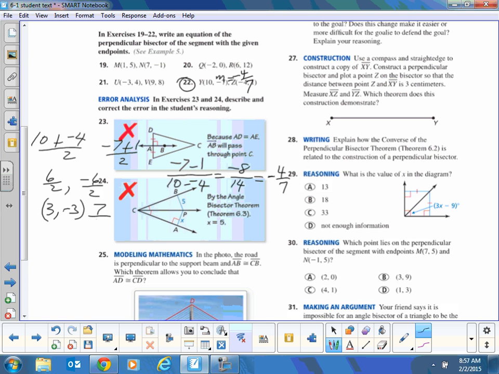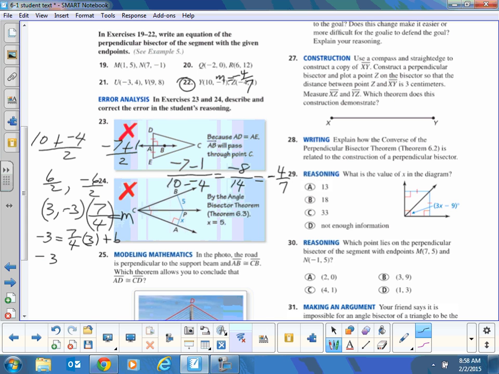So you're going to use 7/4. That's going to be your slope. Negative 3 equals 7/4 times x, which is 3, plus b.